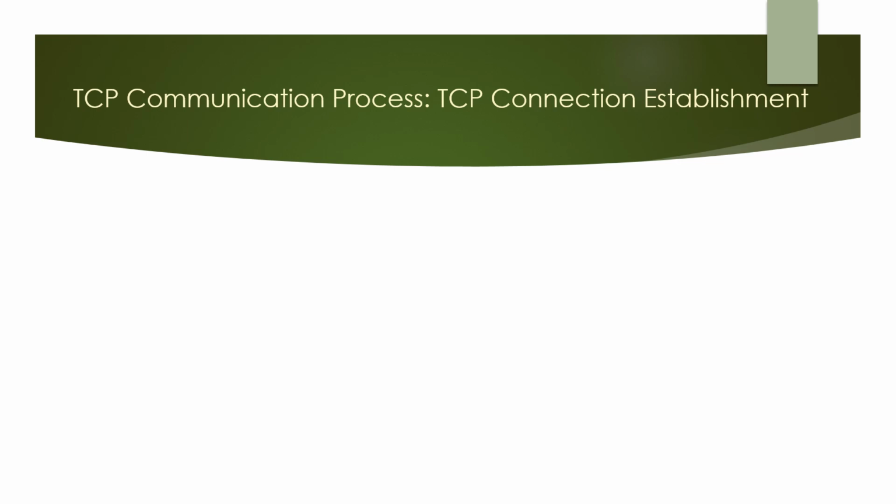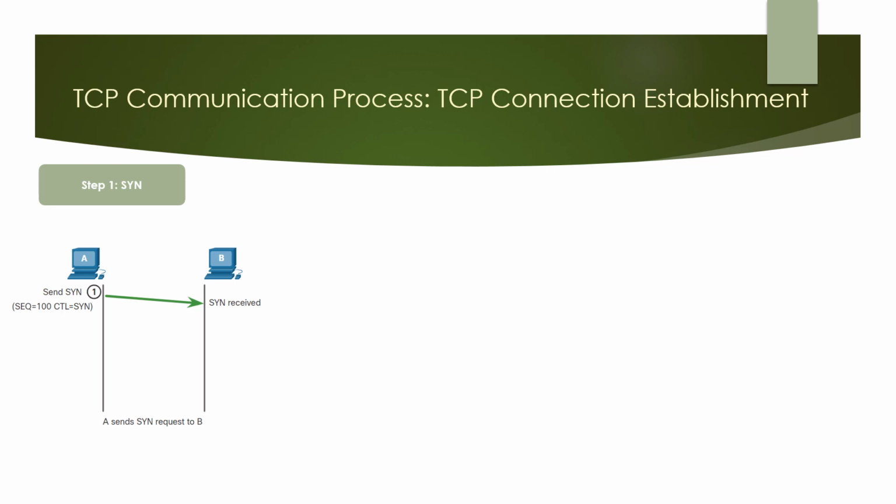There are three steps in this three-way handshake process. The first step is synchronization. With this, the initiating client requests a client-to-server communication session with the server, as shown here.